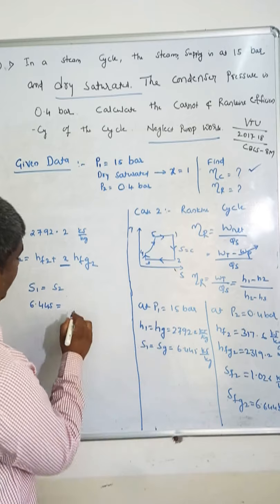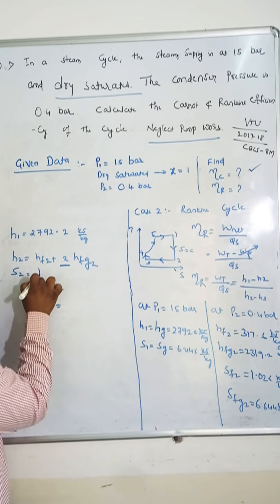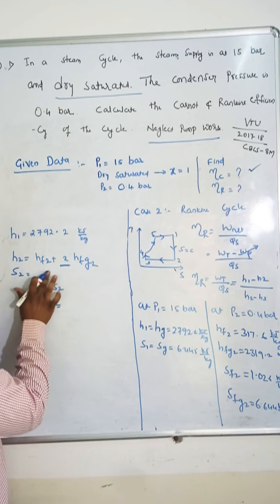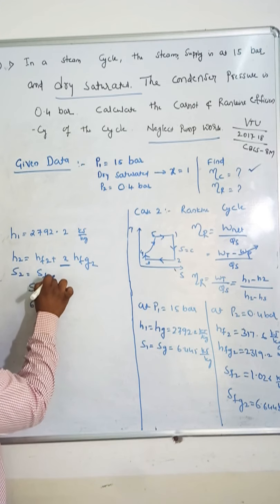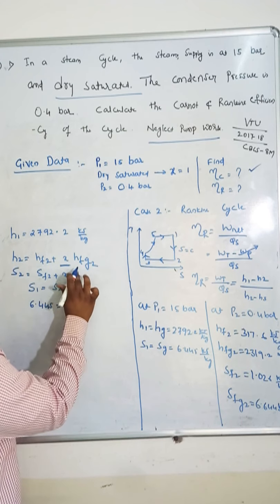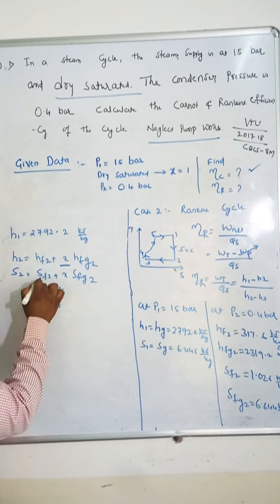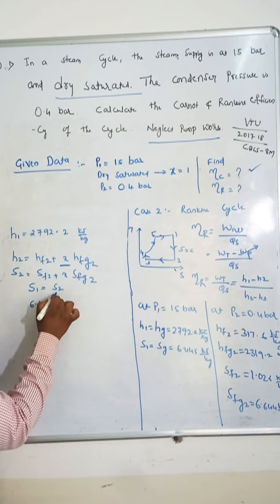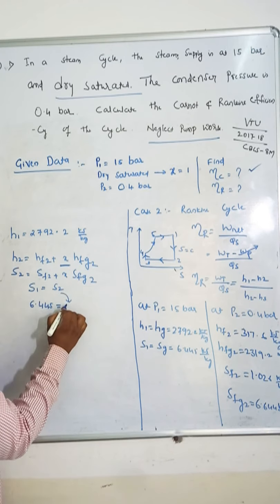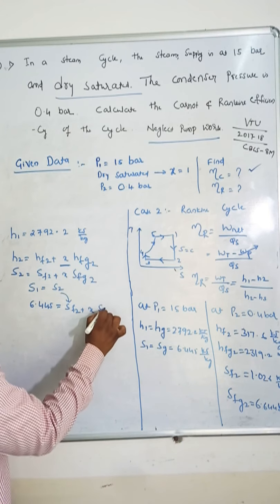S2 by the same formula is equal to SF2 plus X into SFG2. Now I will substitute, because S1 is equal to S2.